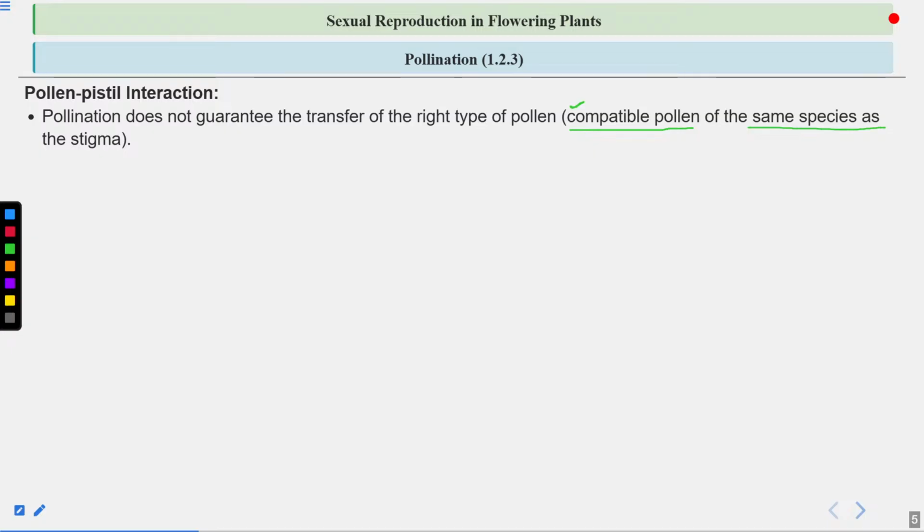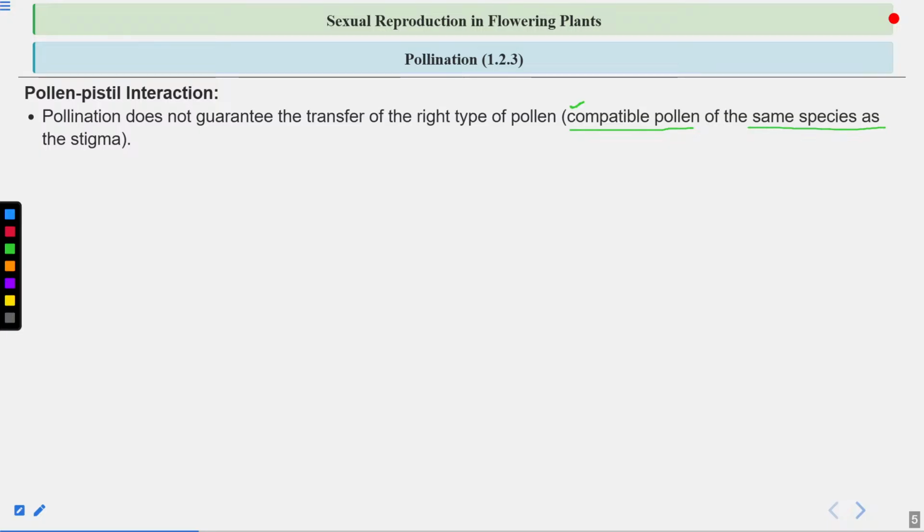What genes are present in the pollen grain and what genes are present in the stigma or the pistil part? If they both have the same gene, then it will be incompatible. The pollen will either not germinate, or if it germinates, the pollen tube will not go deep inside the carpel and successful fertilization will not take place.